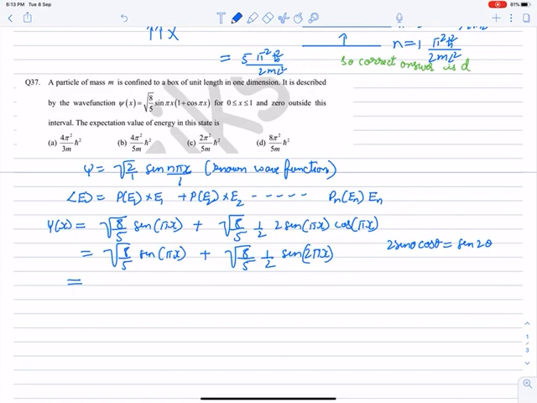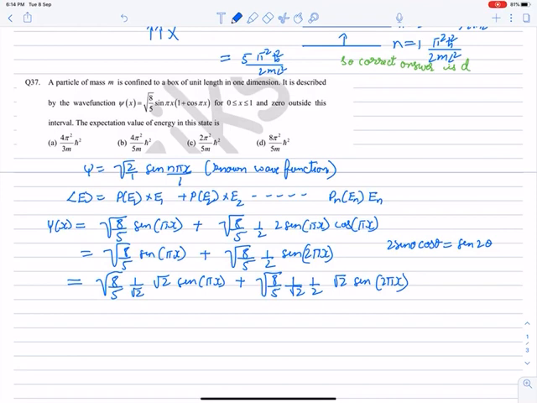What we can do is change this under root 8 by 5 by dividing and multiplying by root 2: under root 8 by 5 1 by root 2 times root 2 sine pi x, plus under root 8 by 5 1 by root 2 1 by 2 times root 2 sine 2 pi x.